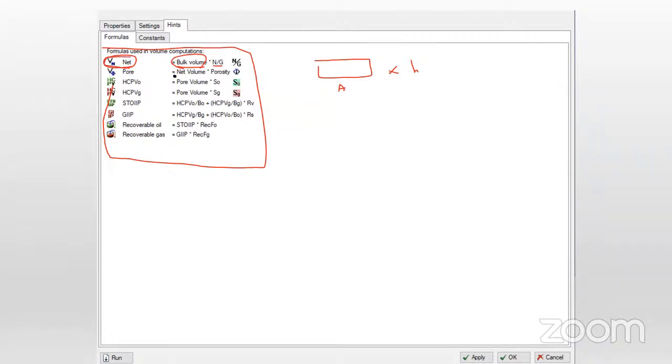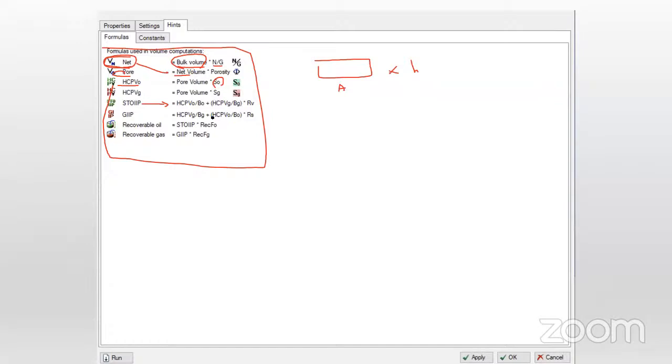Pore volume is net volume times porosity, and this is hydrocarbon porosity. Pore volume, you have the pore volume here, times oil saturation, etc. And finally, you can do the volumetric equation and find out the stock tank oil in place of the reservoir.